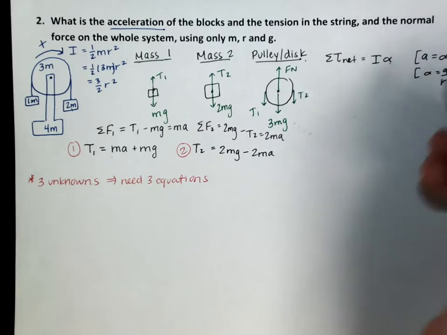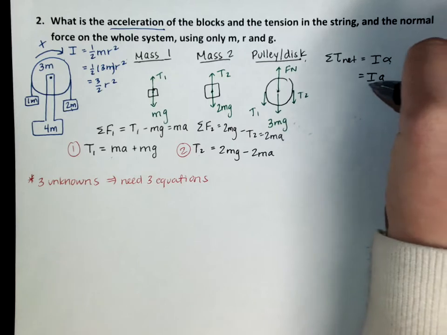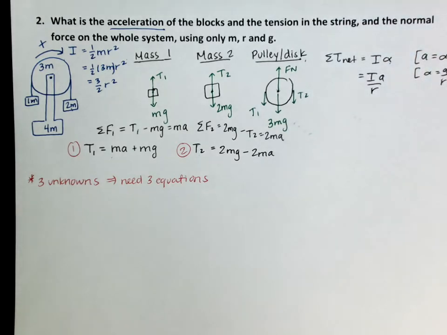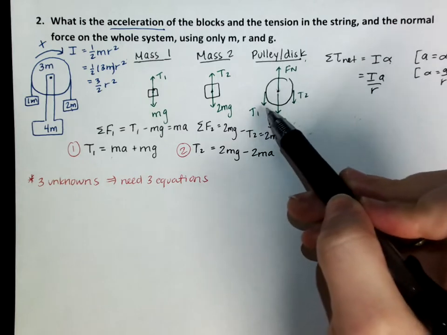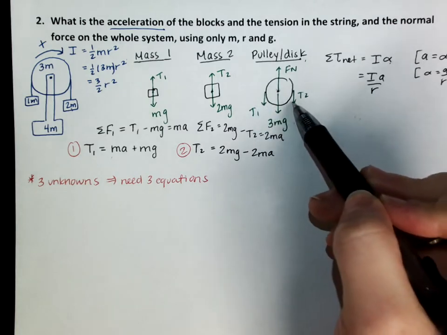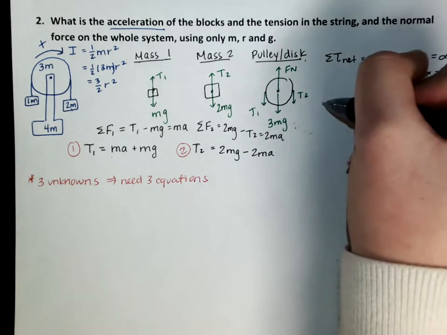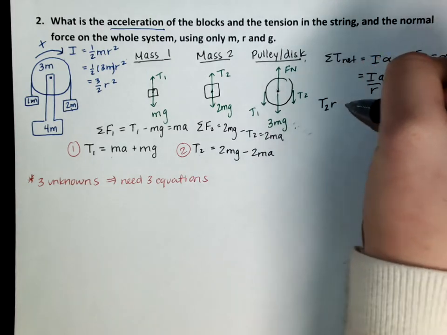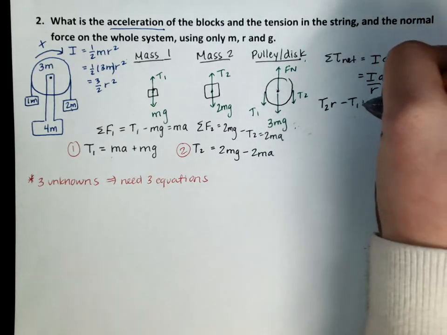So let's substitute this alpha in right here. We get I a over r. And the two forces that are going to cause a torque on this pulley are due to T2 and T1. T2 is going to cause the pulley to move to the right clockwise, which would be a positive torque. So T2r. T1 is going to cause a negative torque, so T1r.